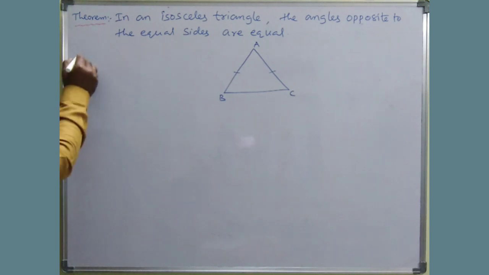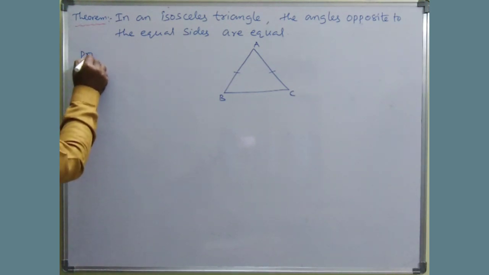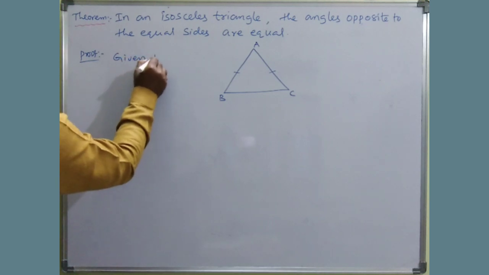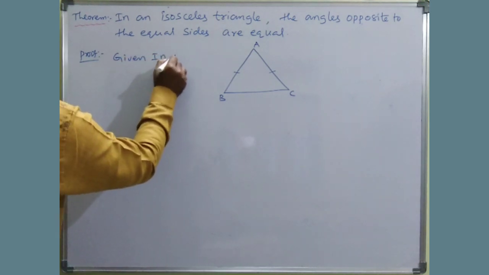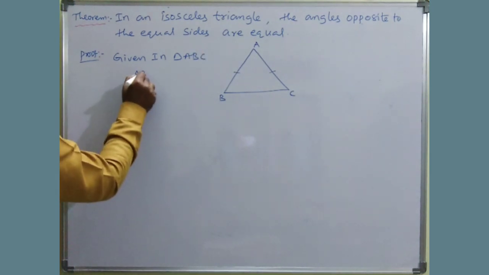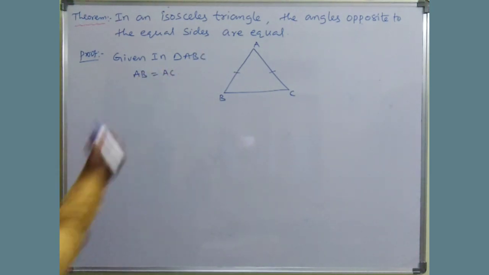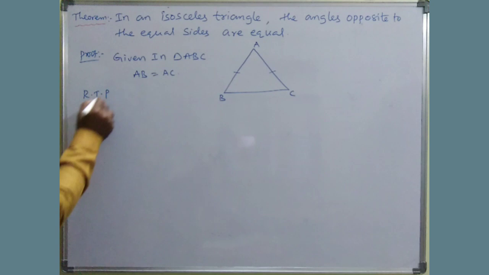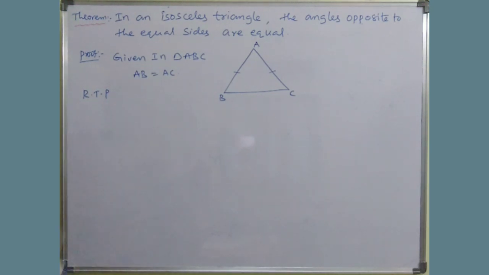So coming to the proof, first write the given: in triangle ABC, AB is equal to AC. And what we need to prove?